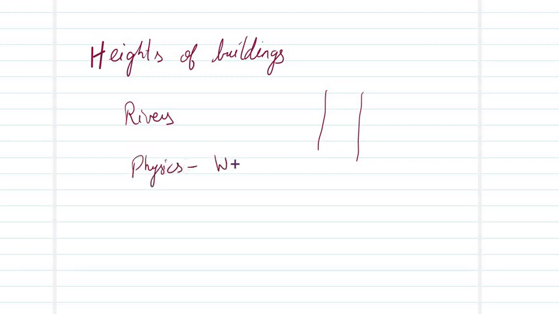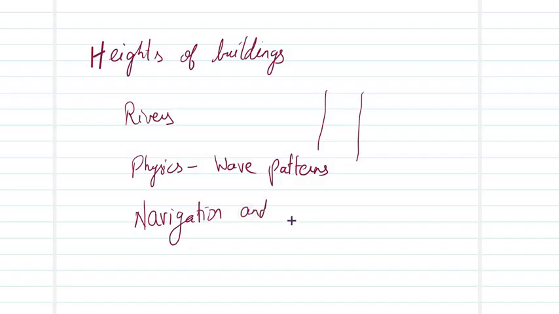So what are wave patterns? All this we'll be able to understand, and not only that, we'll also be able to understand more about navigation and astronomy. Pretty cool, right? So let us see more on this chapter.